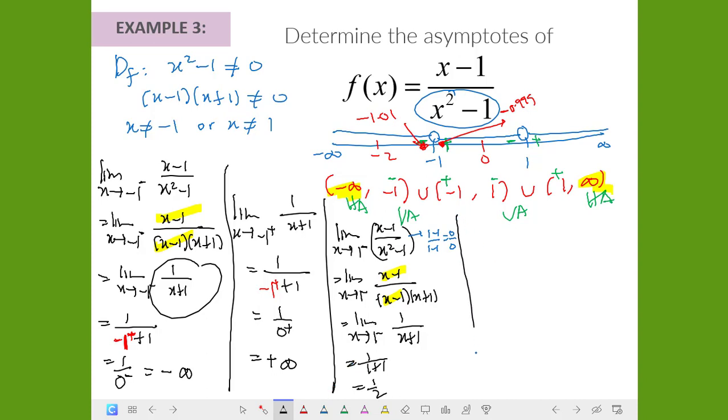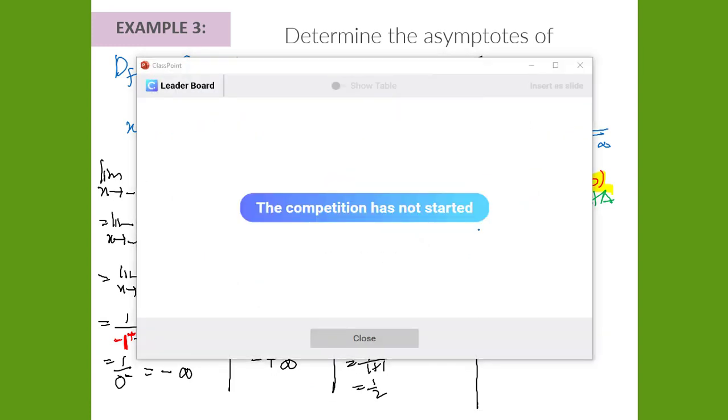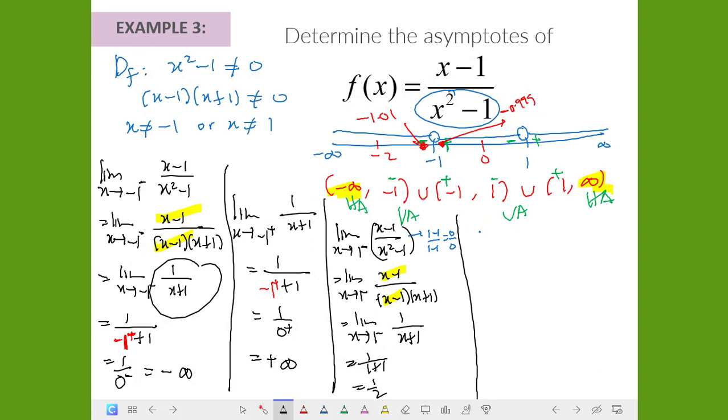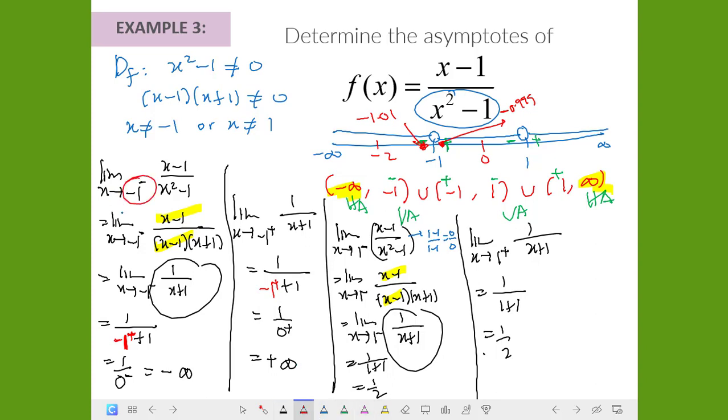Then limit as x approaches 1 from the right. Take 1 over x plus 1: 1 over 1 plus 1 is equal to 1 over 2. And here, x equals negative 1, y goes to negative infinity; also here, x equals negative 1, y goes to positive infinity.